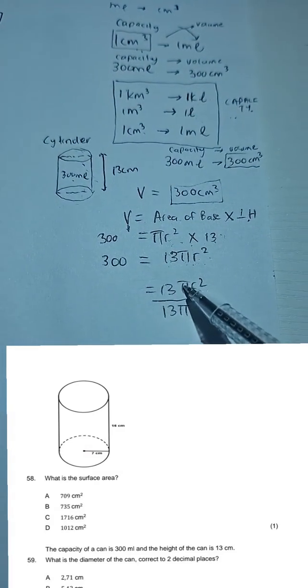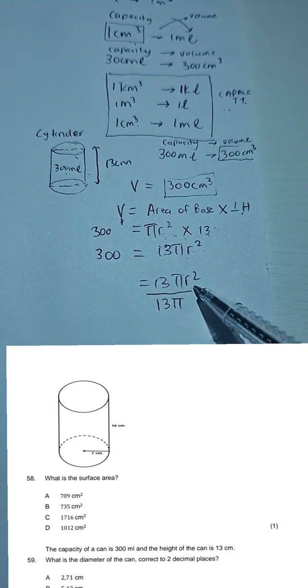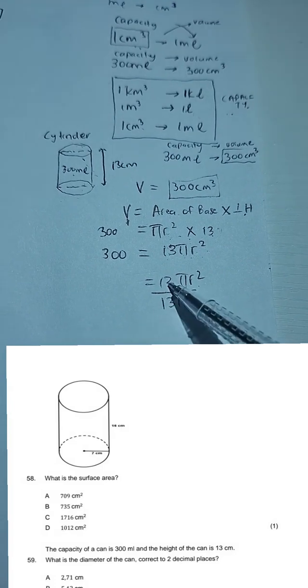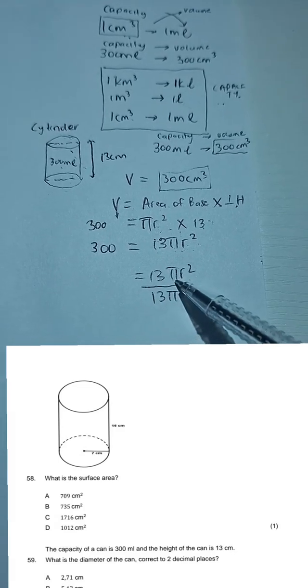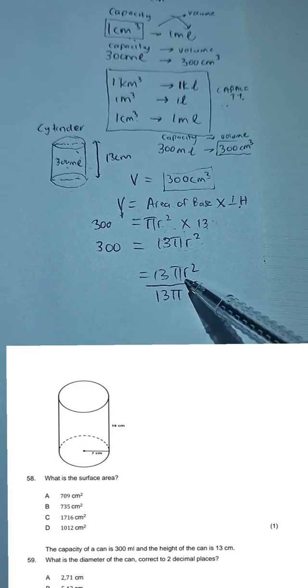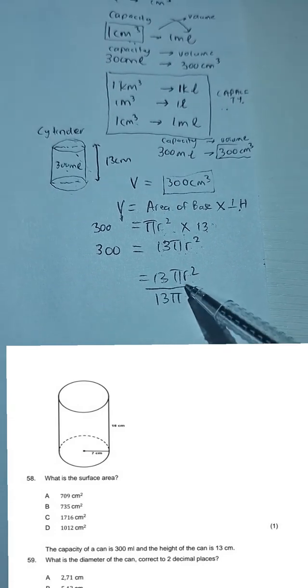We want to get rid of 13, we want to get rid of pi, but we want r squared.